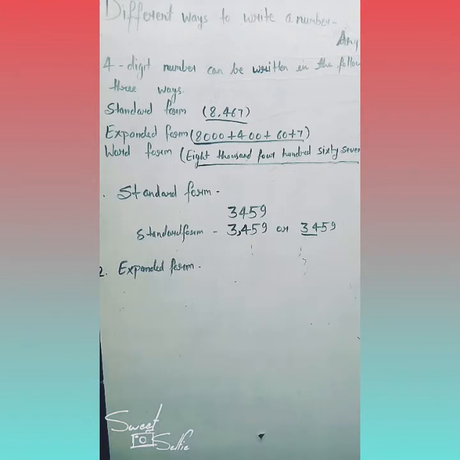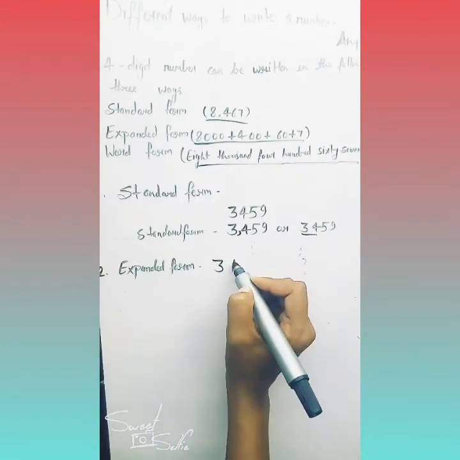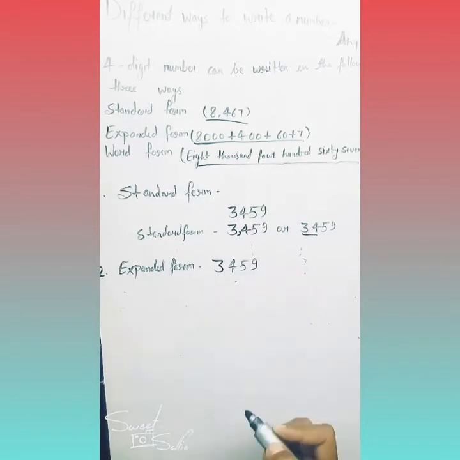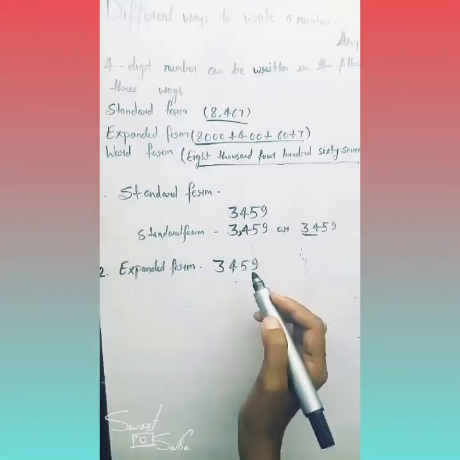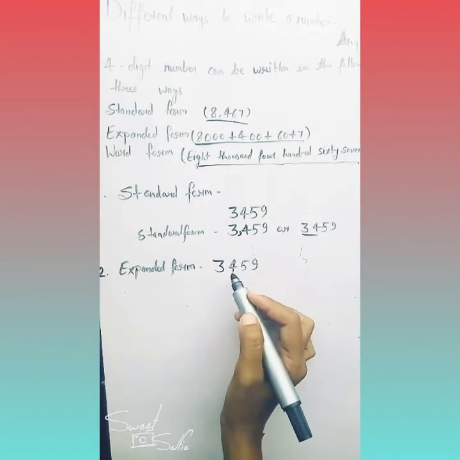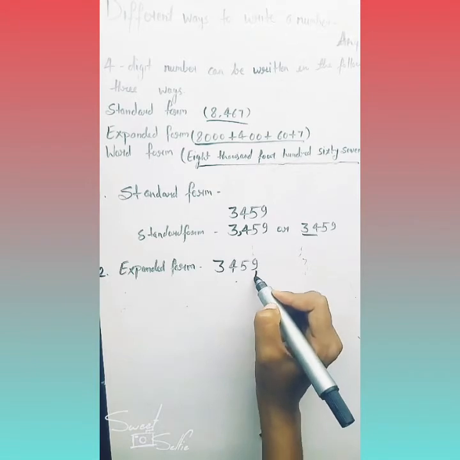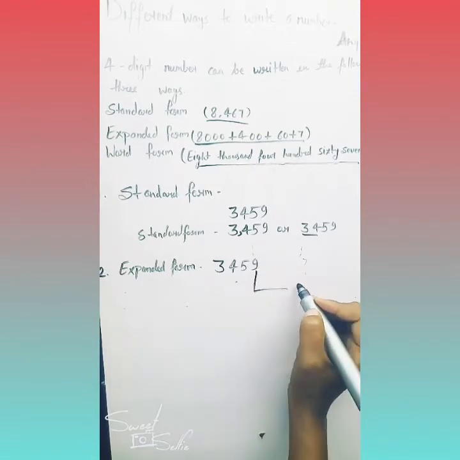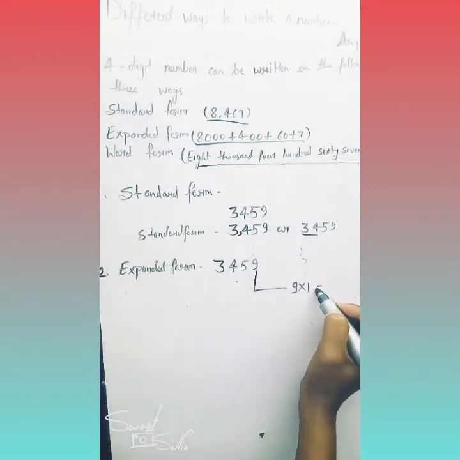So look at the 3459. Okay, and tell me the place value of each digit in this number. So the place value of 9 will be 9 at ones place, so it means 9 multiplied by 1 is equal to 9.